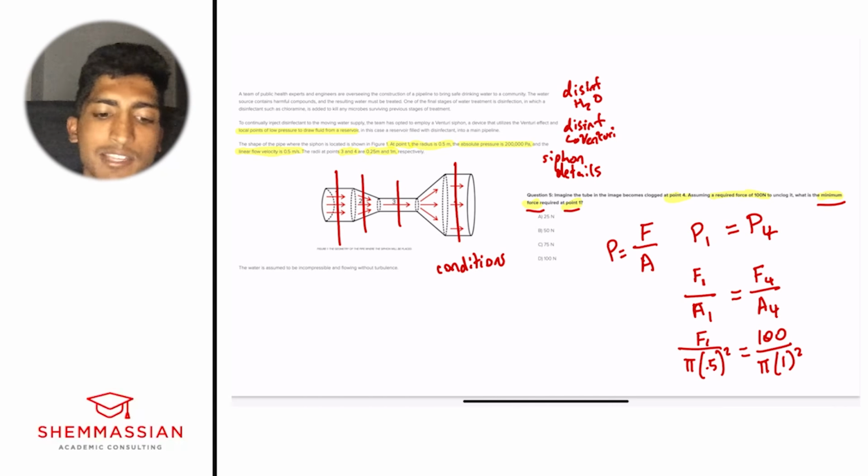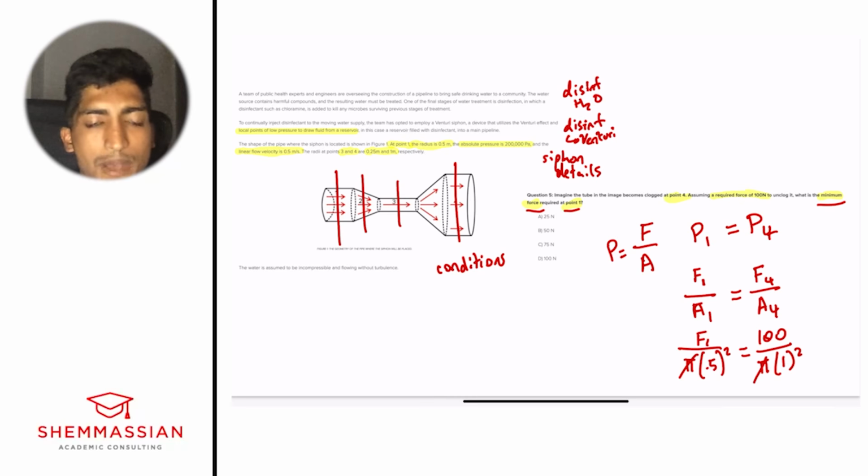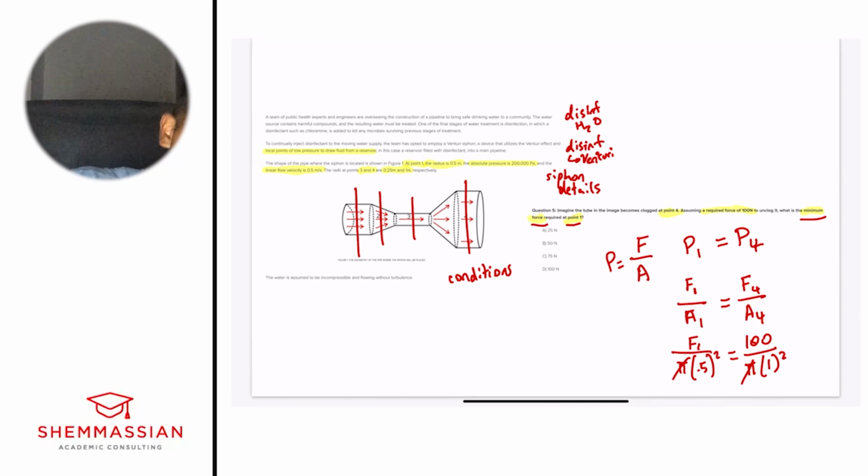The same exact math that we've done before, and what do we say? Let's try to simplify it as much as we can. If we get rid of the pi's by multiplying both sides by pi, and what else? I'm going to draw it here so we have more space. This is F1 over 1/2 squared, which is 1/4, equals 100 over 1 squared, which is just 1.